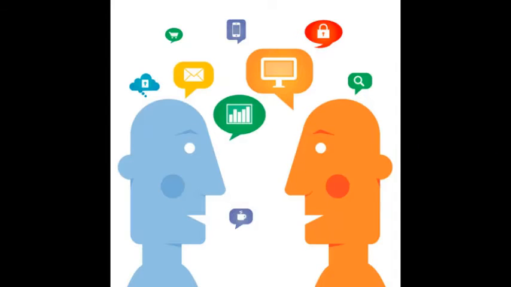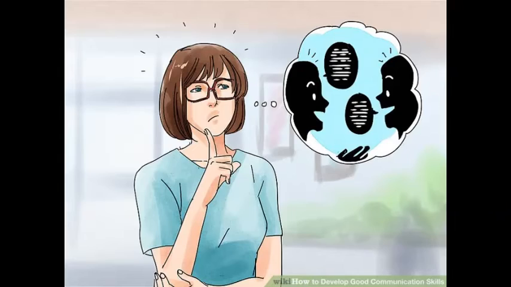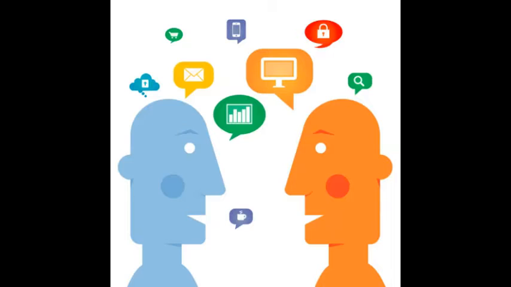The information can include facts, ideas, concepts, opinions, beliefs, attitudes, instructions, and even emotions. So, good communication occurs when the receiver receives the message clearly, understands the message, and can give feedback to the sender.